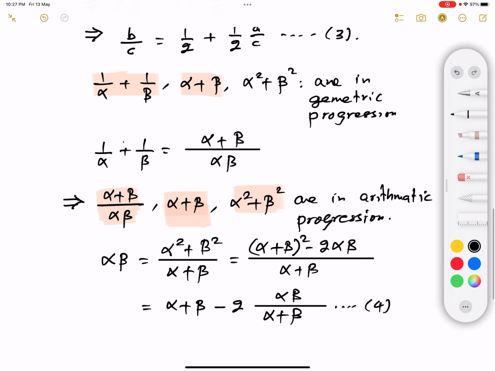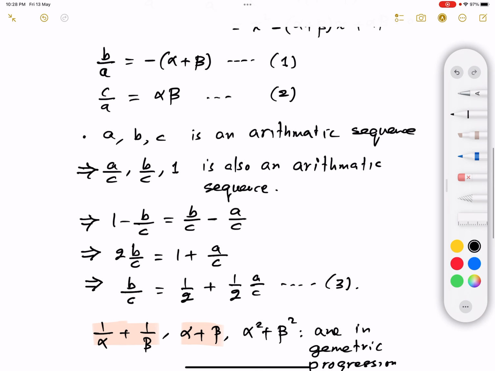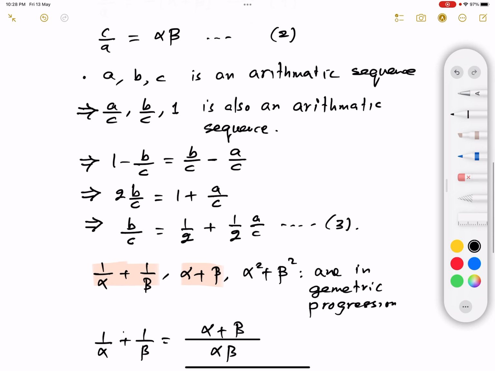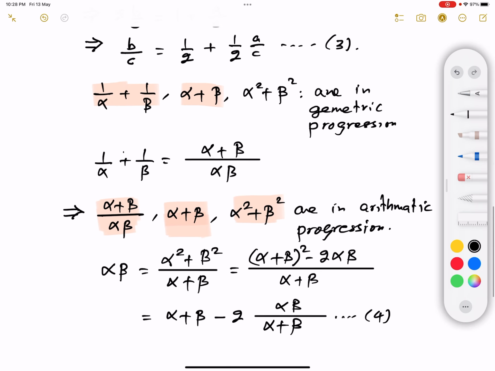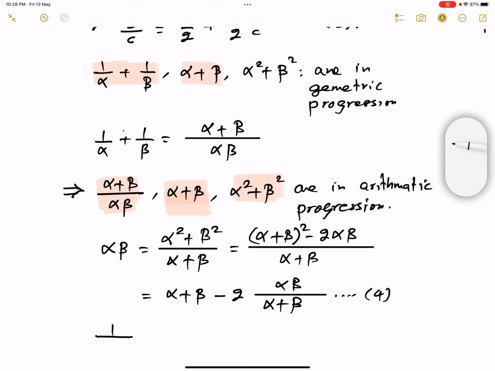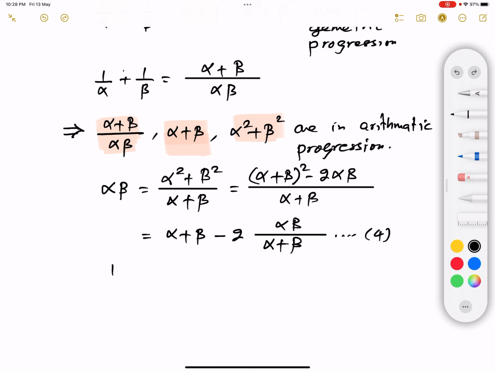Okay, so first of all, alpha beta, we can go back to equation number 2 and substitute C over A, which can also be written as 1 over A over C. So alpha beta is basically 1 over A over C, which is basically what we're solving for.